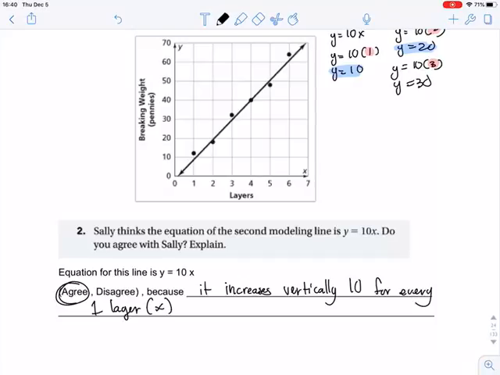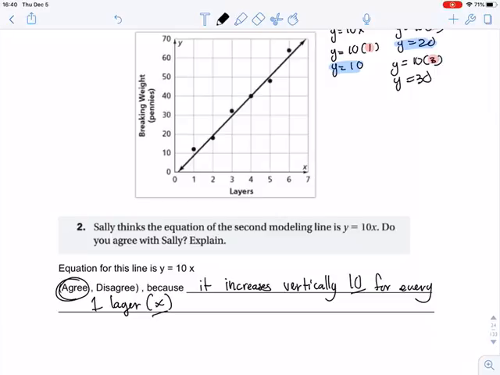That's your x value. So we know that it's increasing according to the slope. That's our 10x. 10 y's for every x.